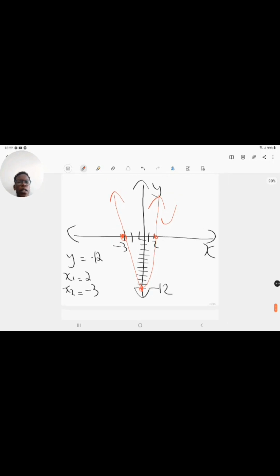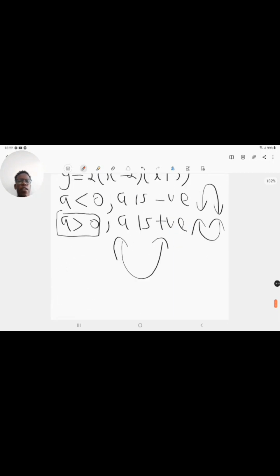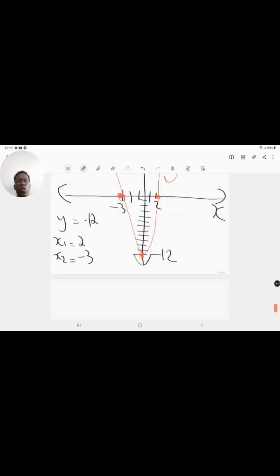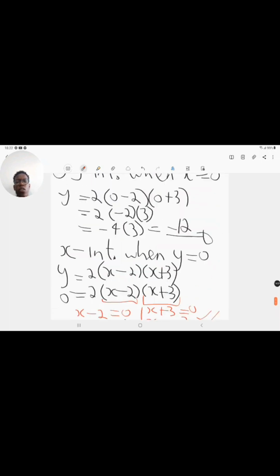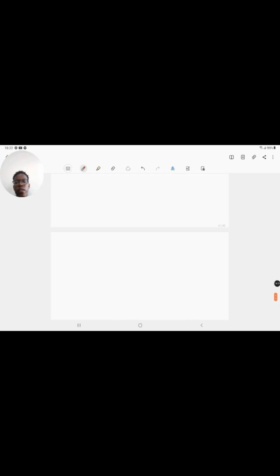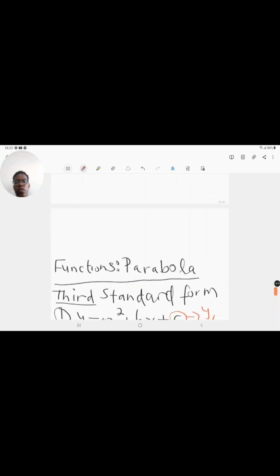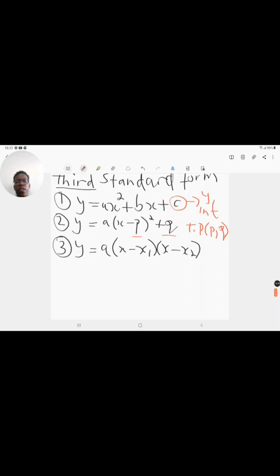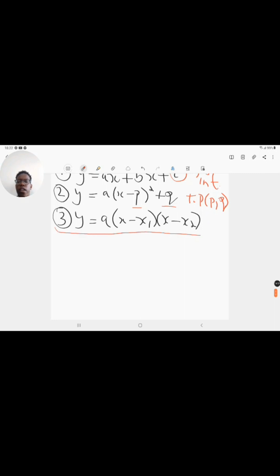Now, what is the whole point of us having that standard form that we started off with? Well, I want you to notice something. If we go back to the very first page, our standard form is this. Our standard form is y is equal to a, open bracket, x minus x1, close bracket, open bracket, x minus x2.